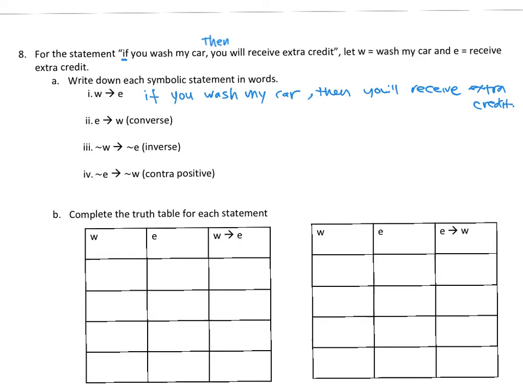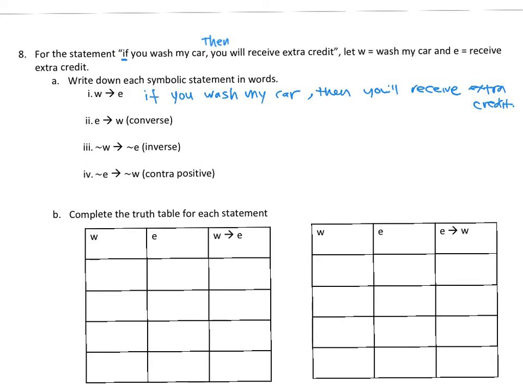In a logic statement, the tense is not that important. So you can say, if you wash my car, you receive extra credit, or you will receive extra credit, or you did receive extra credit. We can mix the tense, whatever makes sense. So whether it's future, past, or present is not too important in terms of logical statements.